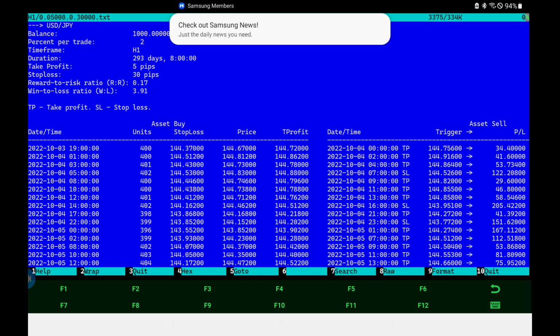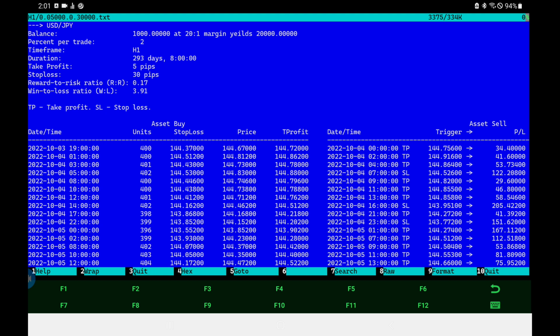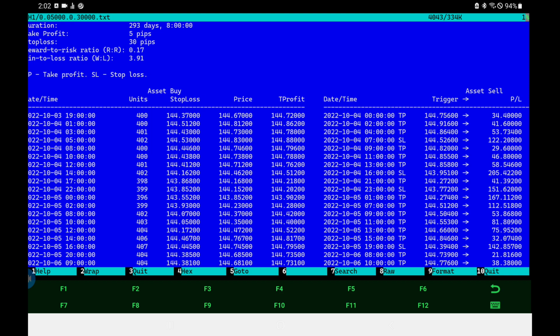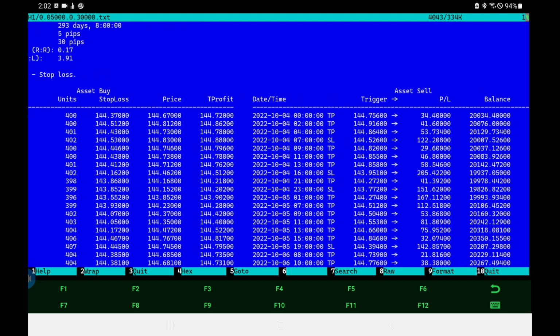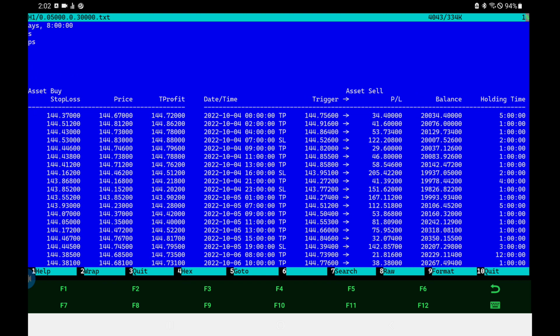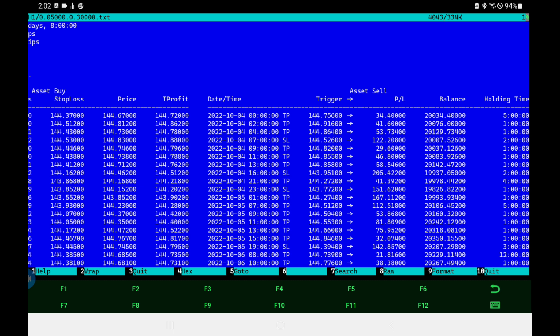Again, we see the fact that it is clearly margined, and that margining will play a role in the way this table looks. So profits and losses, the running balance, and most importantly, based upon the time frame, the number of holding hours.